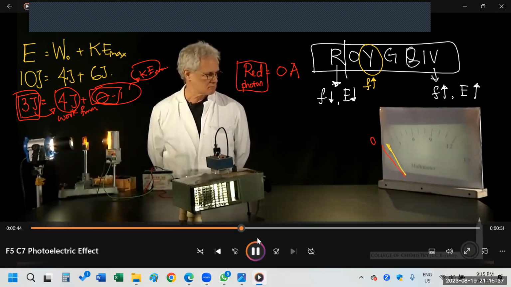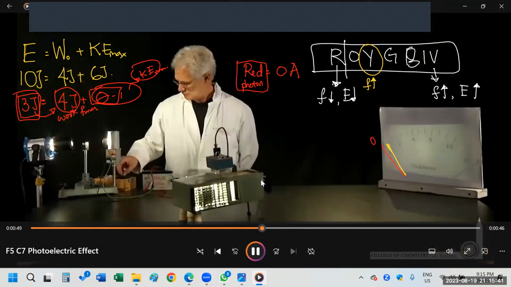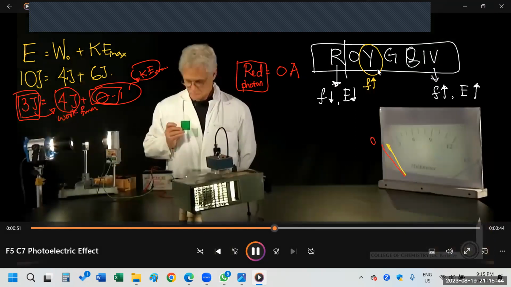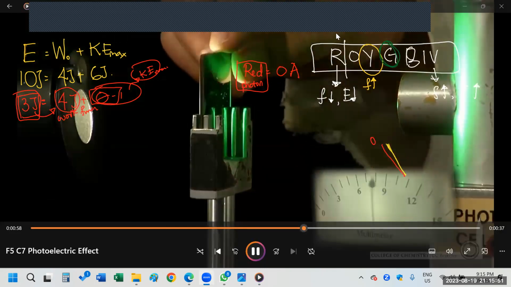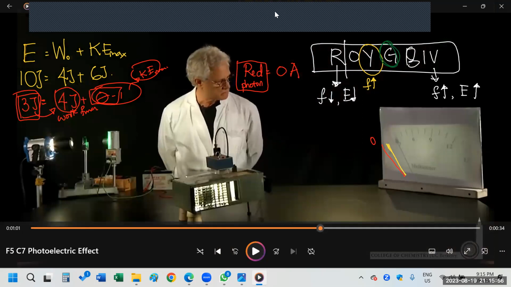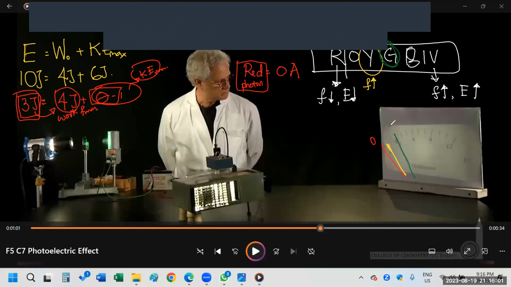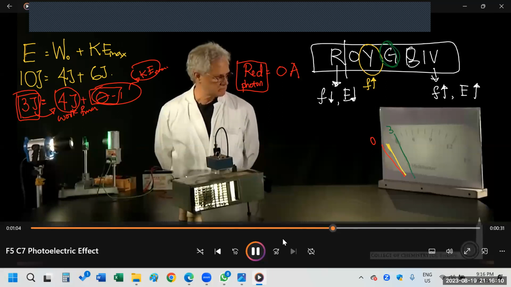Electrons are emitted, but with a relatively small energy. If we go to higher still photon energy, green wavelengths, that's a shorter wavelength still, higher photon energies, we can see photoelectrons emitted at a higher energy.